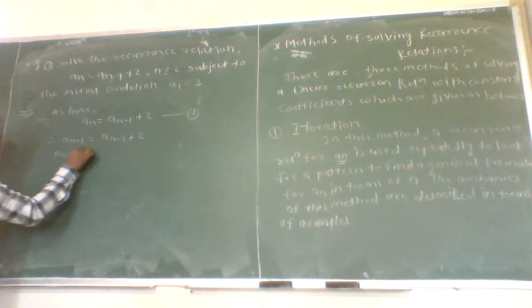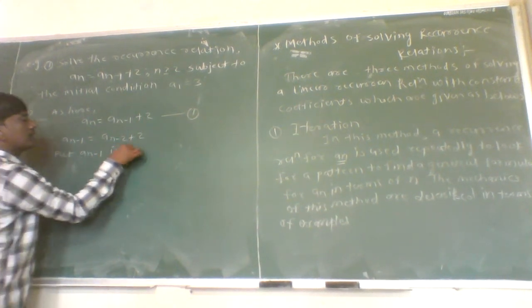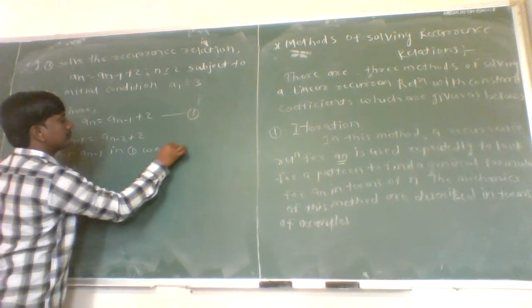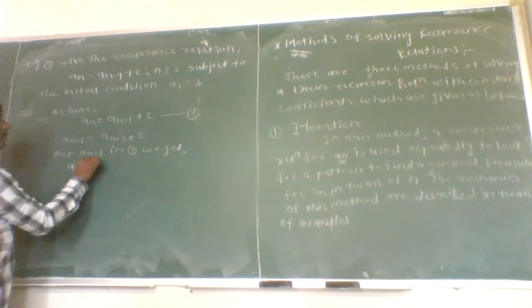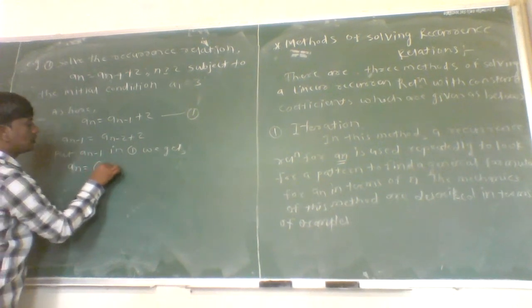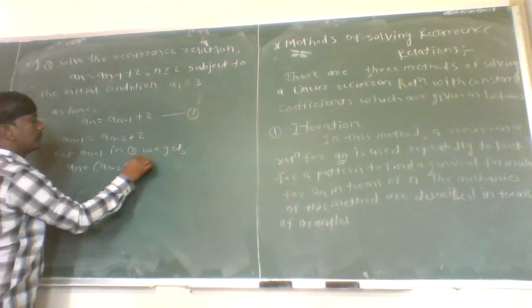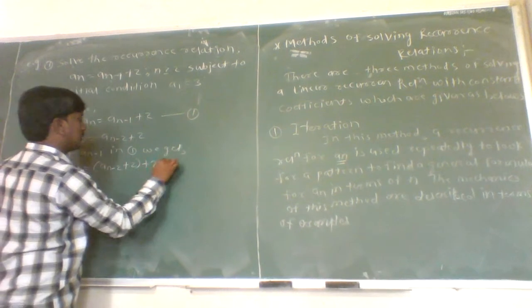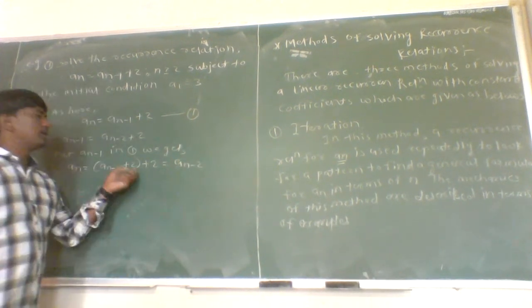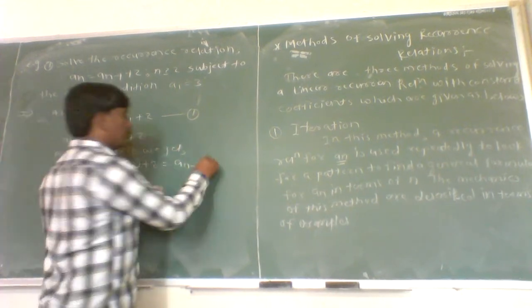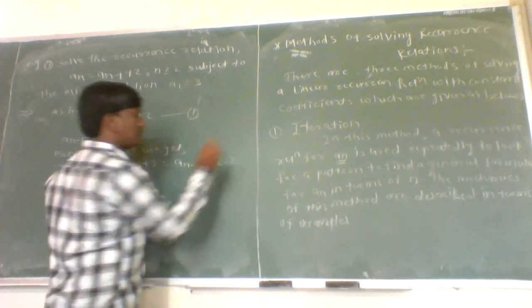Now put the value of a_{n-1} in equation 1. We get a_n is equal to a_{n-1}, and a_{n-1} is nothing but a_{n-2} plus 2, plus this original 2, which is a_{n-2} plus 2 plus 2, which is a_{n-2} plus 2 times 2.